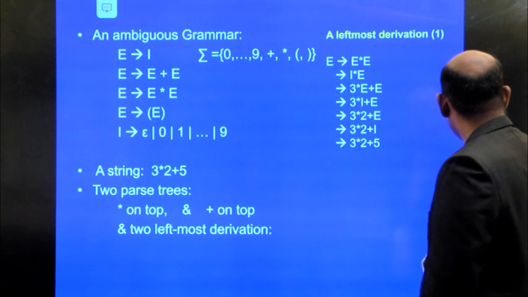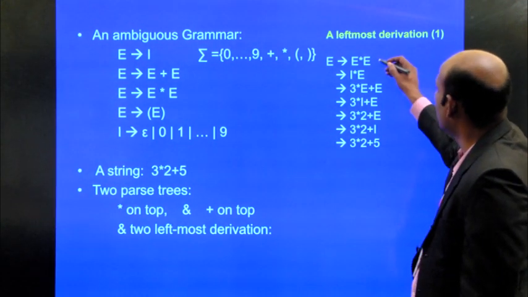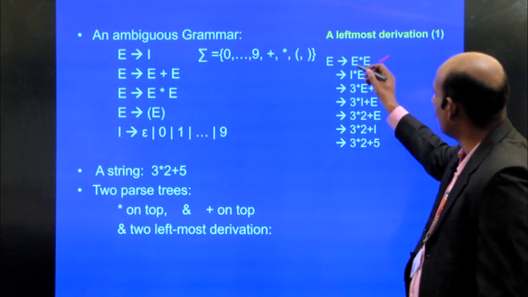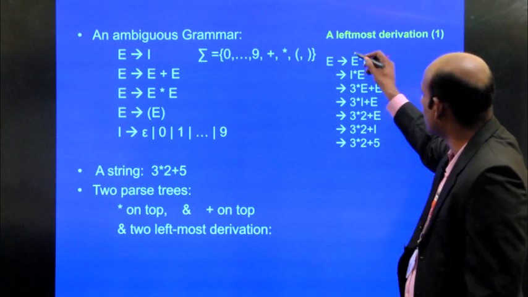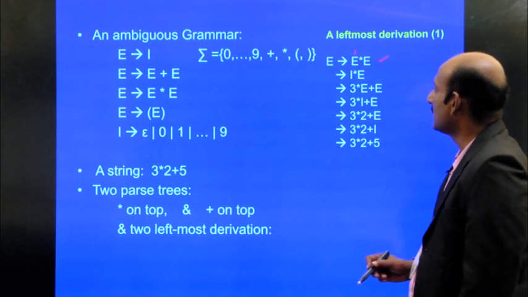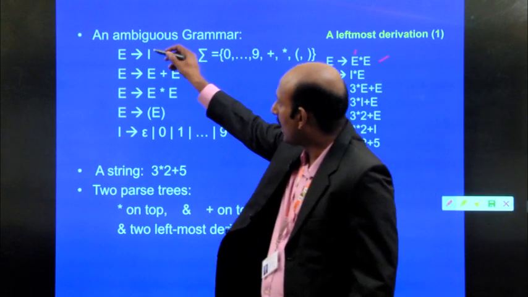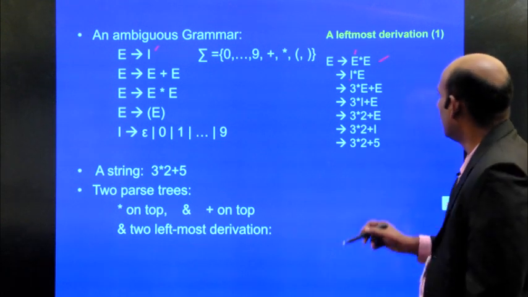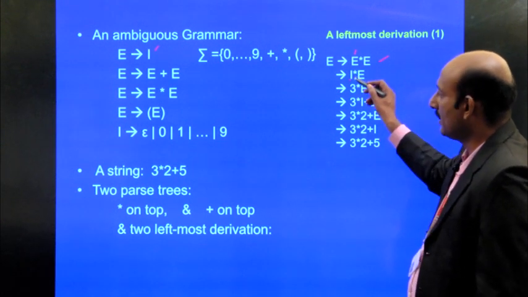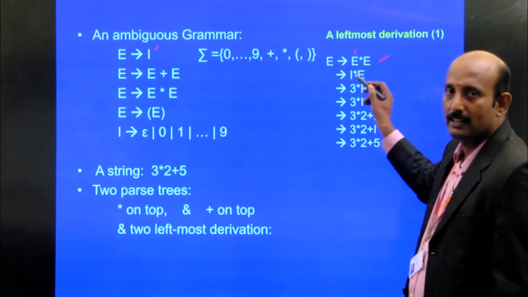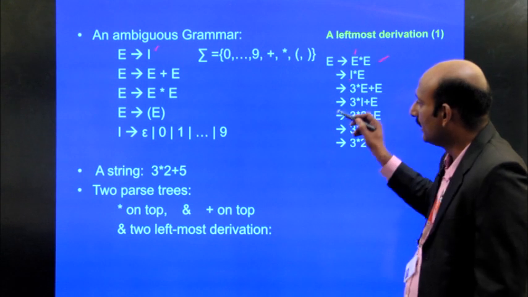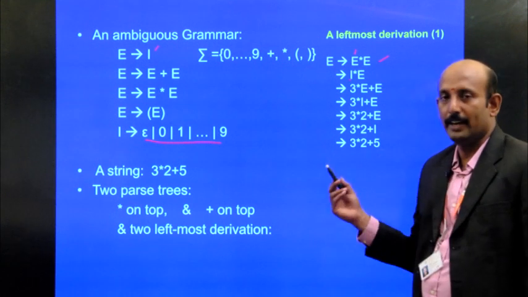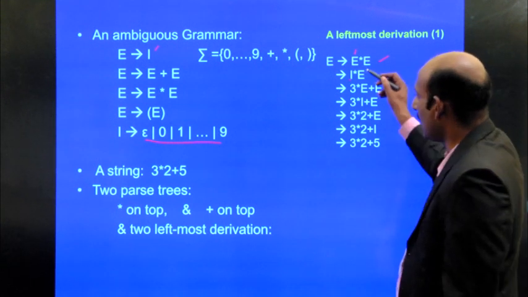First here it takes E star E. In this E star E, the leftmost non-terminal is the first E. This leftmost non-terminal is replaced by I, so we may replace it by I star E. Then I is a non-terminal, so this non-terminal I can be replaced in the form of epsilon, 0, 1, any numeric number.